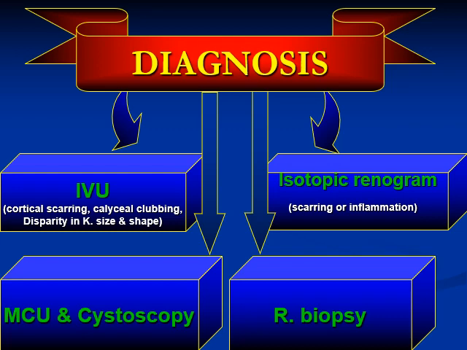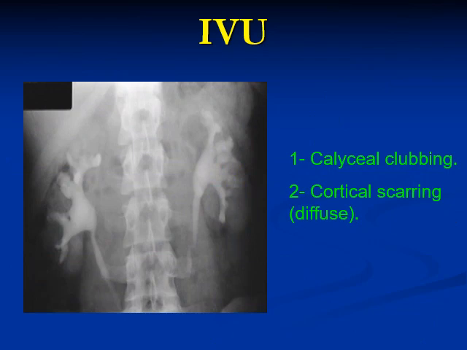Renal biopsy is only indicated if the intravenous urography and the DMSA scan show no scarring. This is the intravenous urography, which shows the irregularities of the outline of the kidney and calyceal clubbing with cortical scarring.